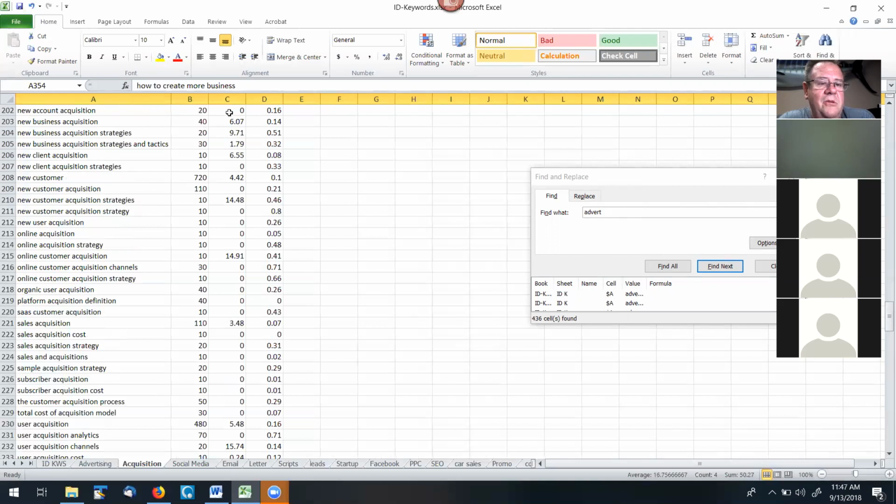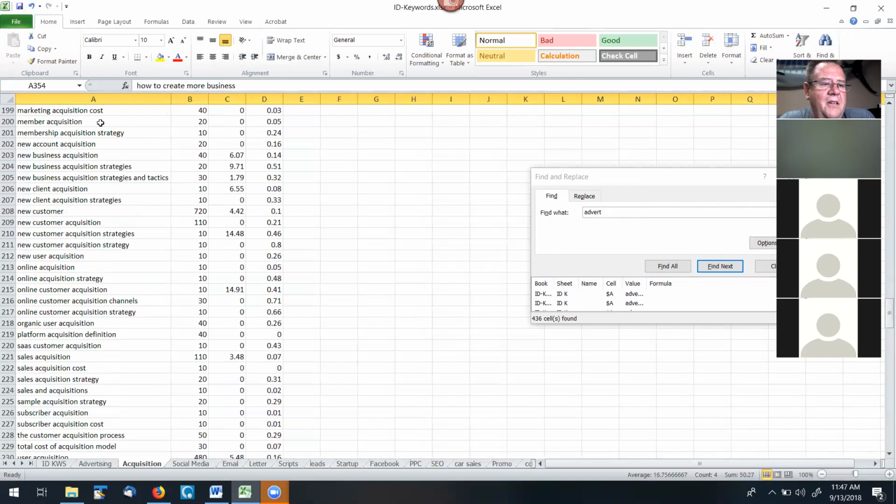New account acquisition, same thing, only 20, but again, nobody doing it. Member acquisition, membership acquisition strategy. There's a whole bunch of these that I could group into a category, or a keyword list, silos, so to speak, and create landing pages.